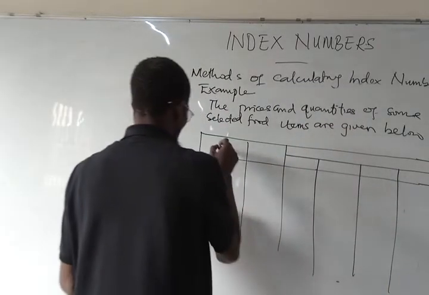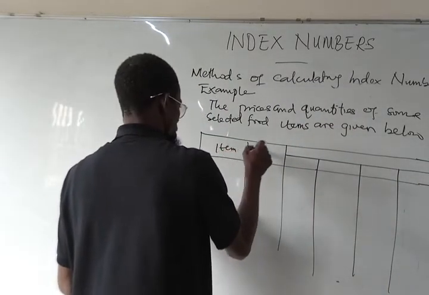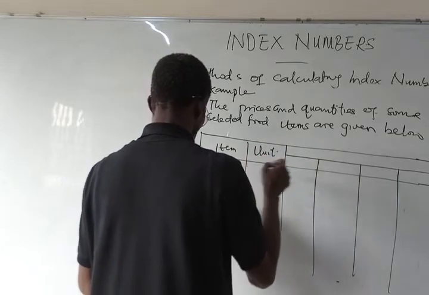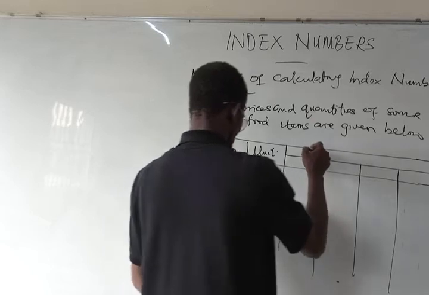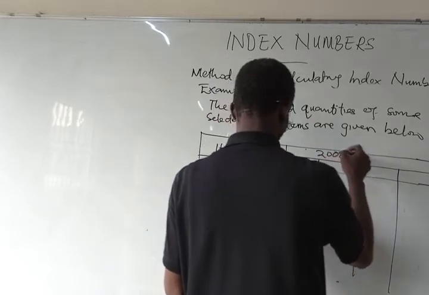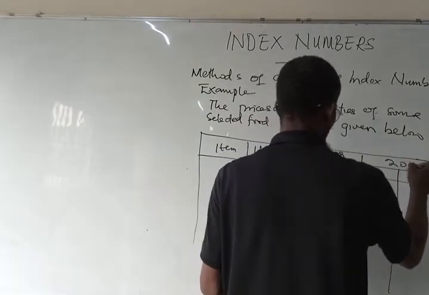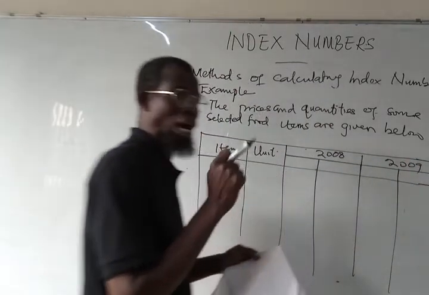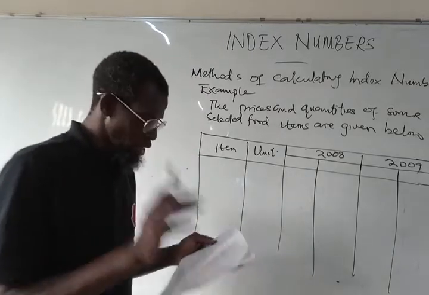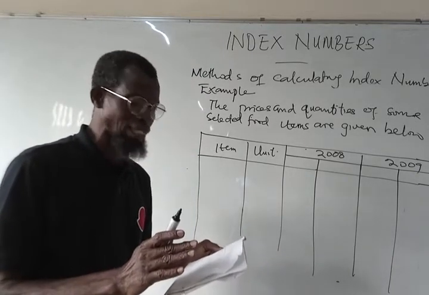So this is the item. We have the unit of the item. So I have 2,000 here, and I have 2,000 here. You get with me that we are not dealing with only one item now, but two different items.